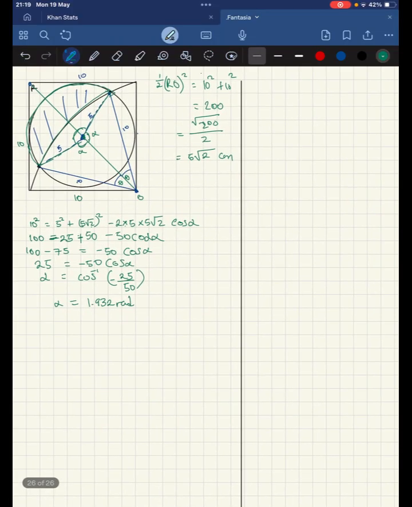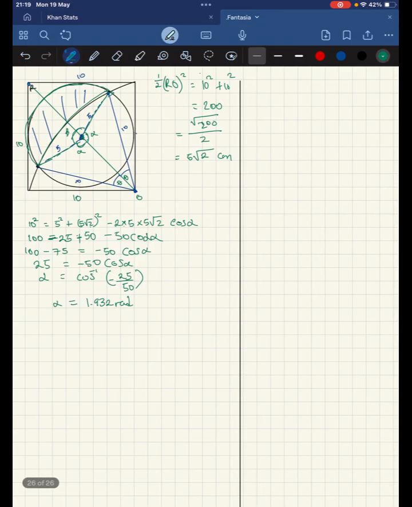So now we want to calculate beta. Why do we need beta? This is beta, this big angle over here. This is a revolution, so this plus this is equal to that, and this is a whole revolution, so 2 pi.